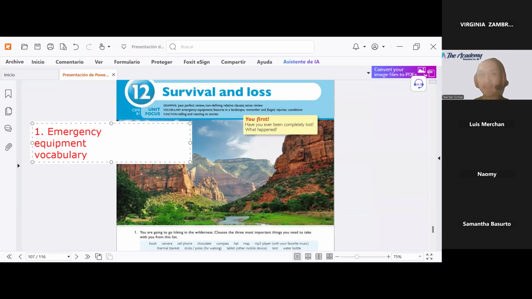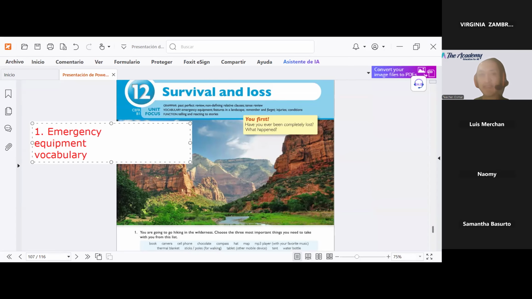Let's go again from the very beginning. Once again, can you help me, please, Virginia? This is also something really useful for an emergency. Tell me, Virginia, what is it? Map.